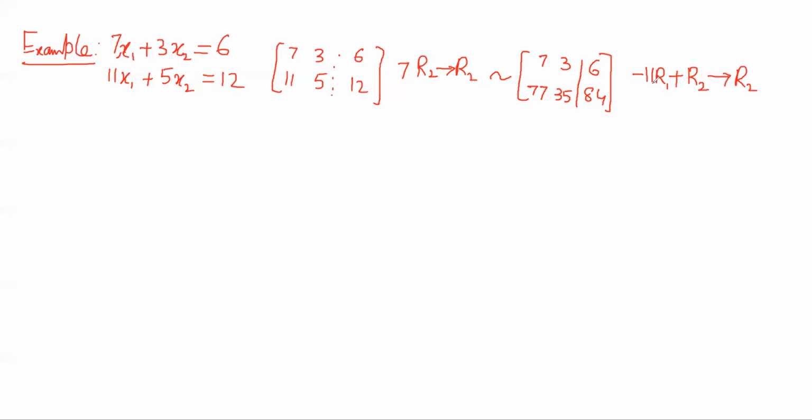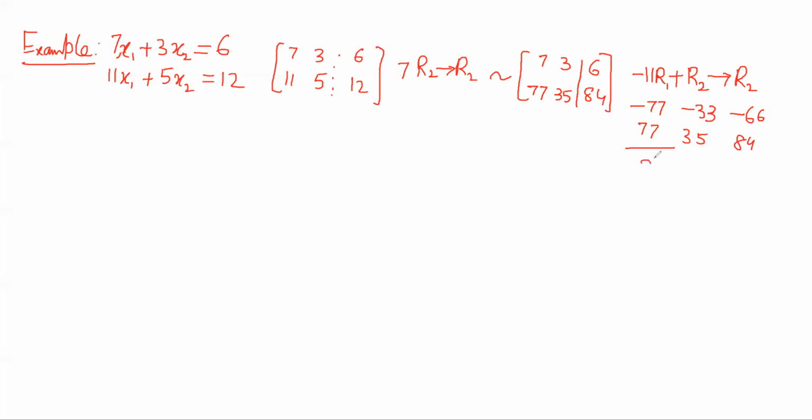So now we need to do some rough calculations. Minus 11 times 7 is minus 77, minus 11 times 3 is minus 33, and minus 11 times 6 is minus 66. If we add that to 77, 35, 84, what will we get?